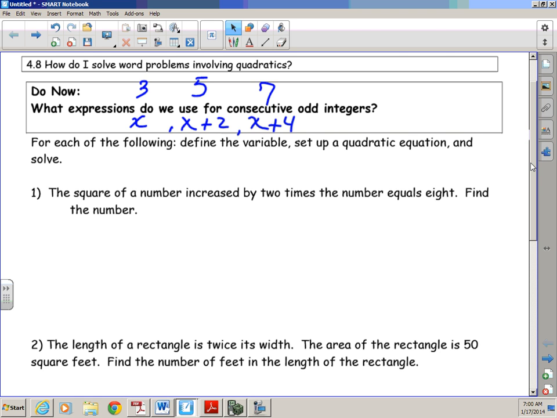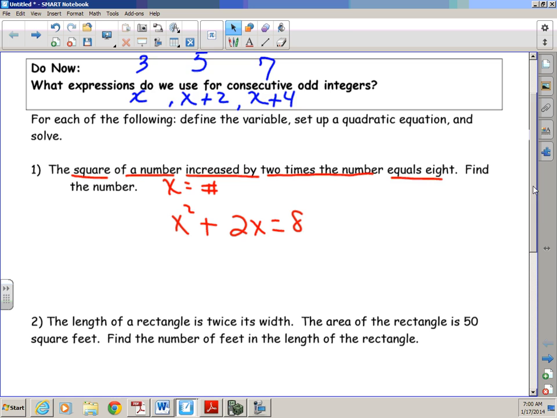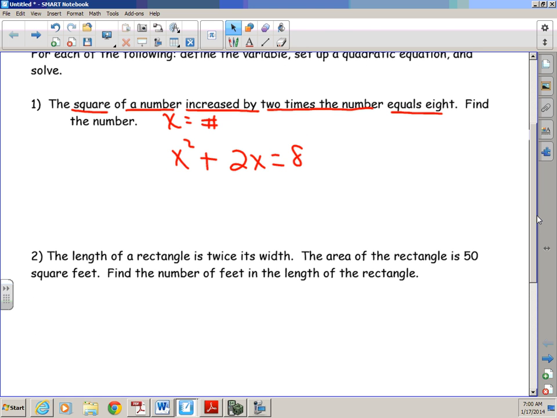The square of a number increased by 2 times the number equals 8. Find the number. So x is the number. The square of a number, x squared, increased by, plus 2 times the number, 2x, equals 8. Now you have your quadratic equation. You're back to solving quadratic equations the same way, which is to set them equal to 0.